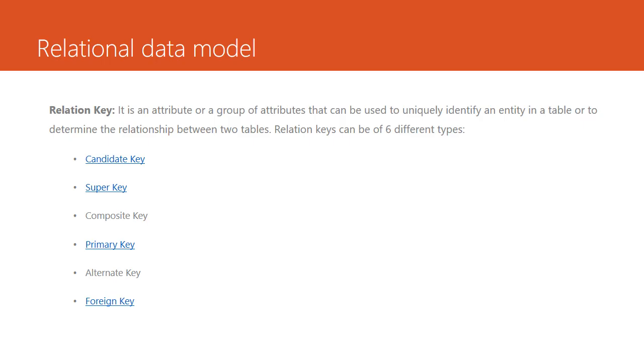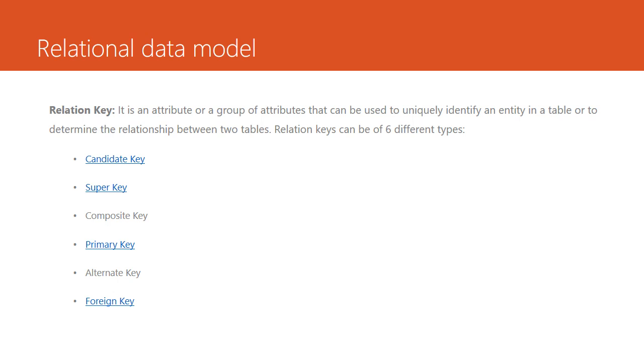Alternate key. There may be one or more attributes that uniquely identify each row in the relation. These attributes or combinations of attributes are called candidate keys.